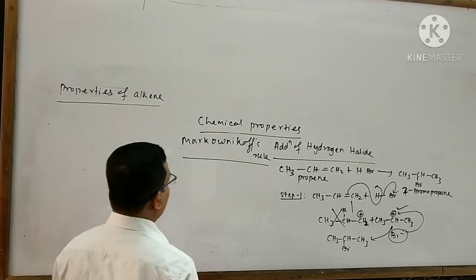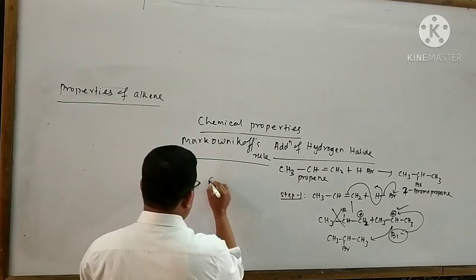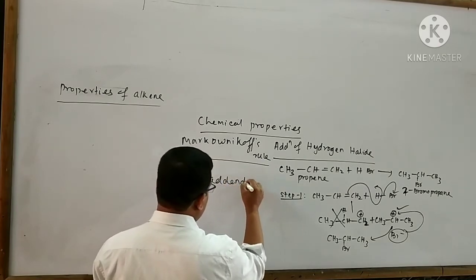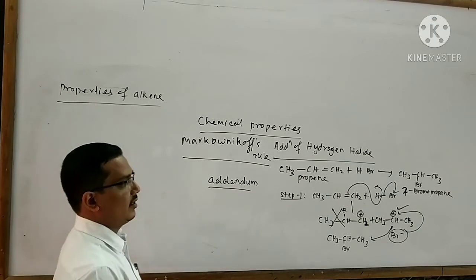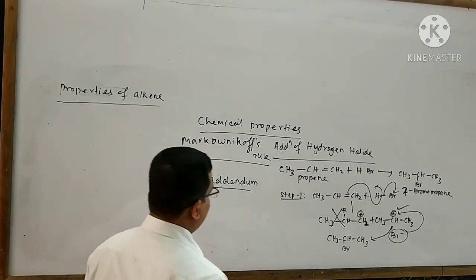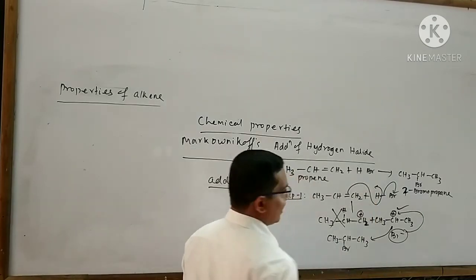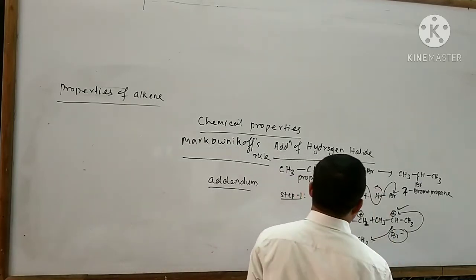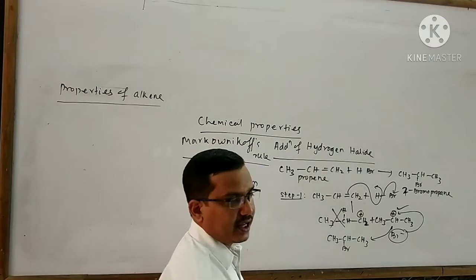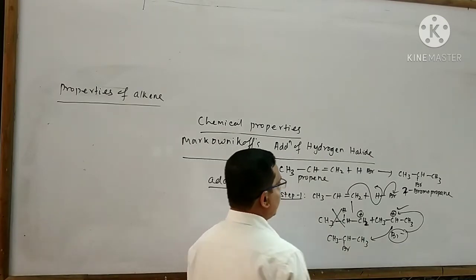Here a new word will come, that is addendum. Addendum means the species which is to be added. Here HBr is the addendum. The negative part of the addendum means here Br minus.